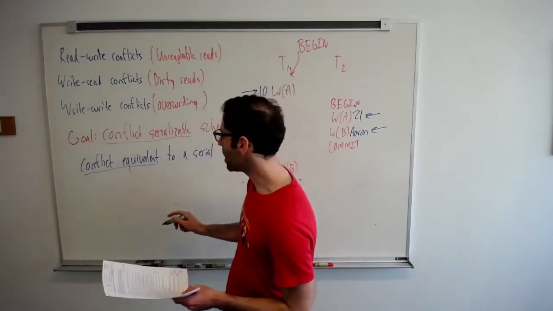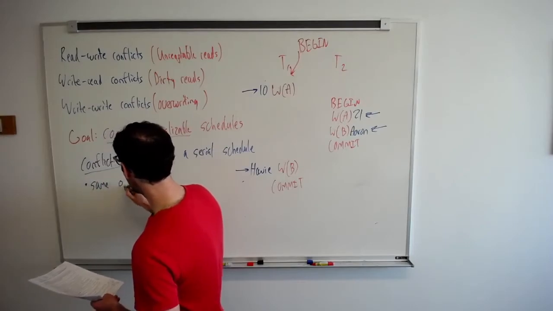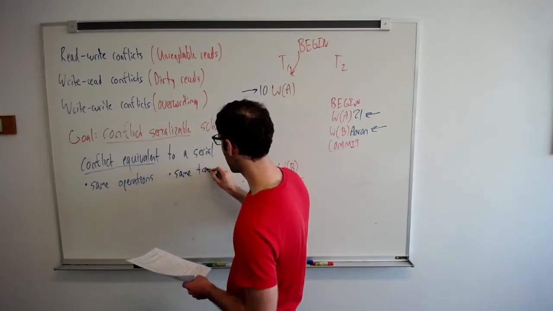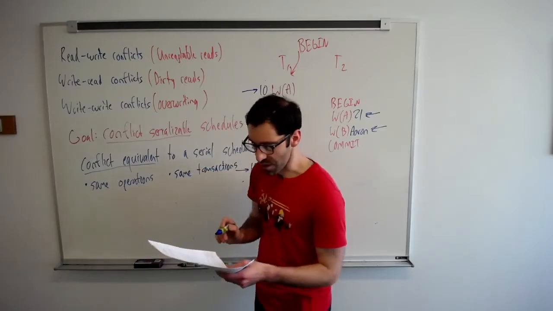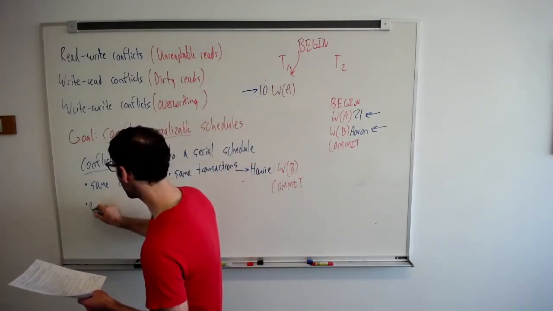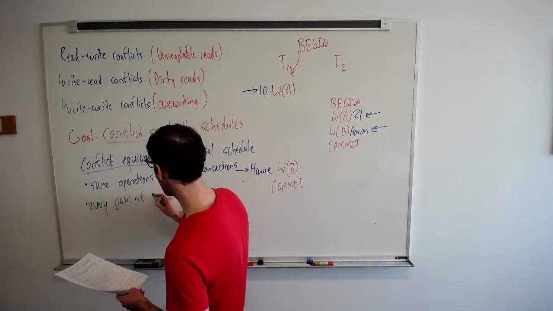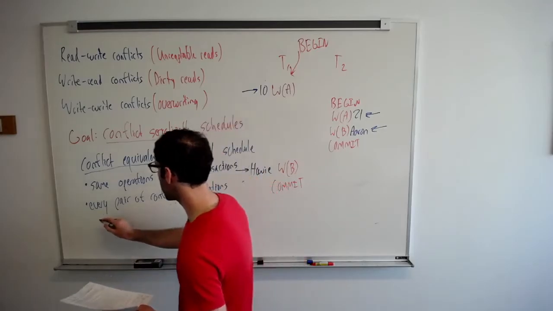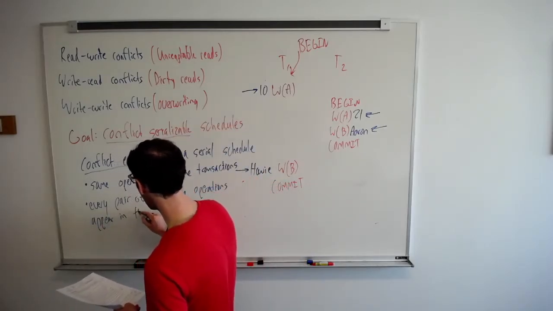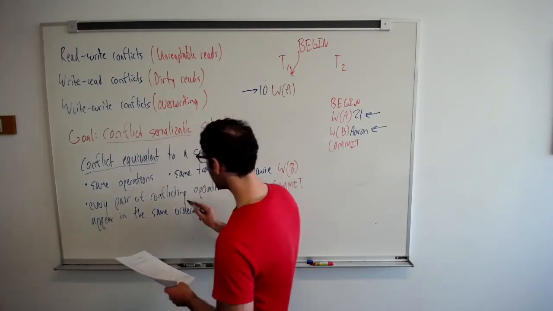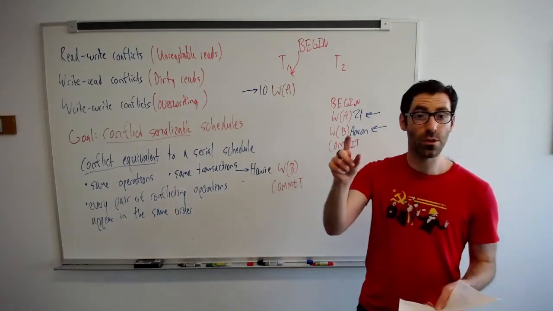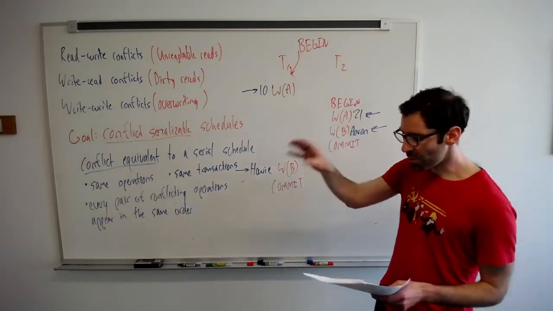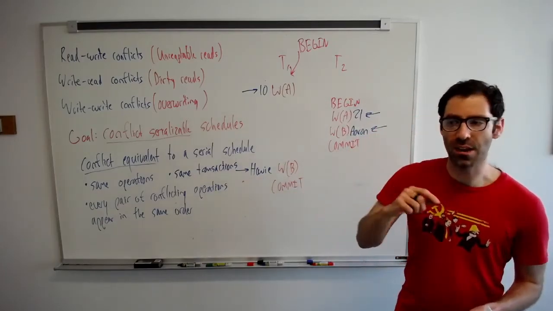And what conflict equivalent means is the two schedules involve the same operations, as part of the same transactions, and every pair of conflicting operations appear in the same order between our two schedules. Remember, two operations conflict if they're from different transactions applied to the same object, and one of them is a write.